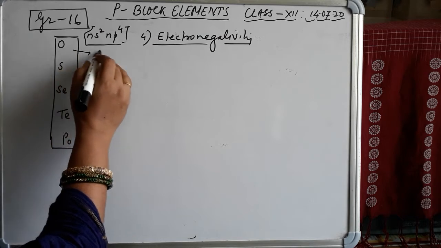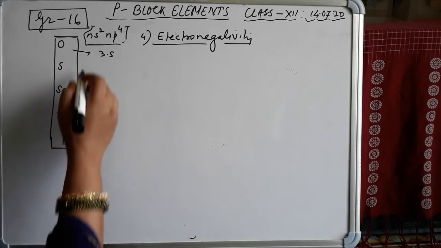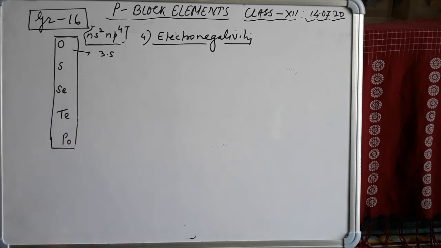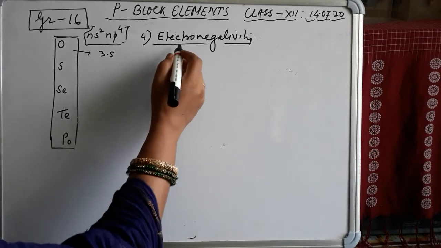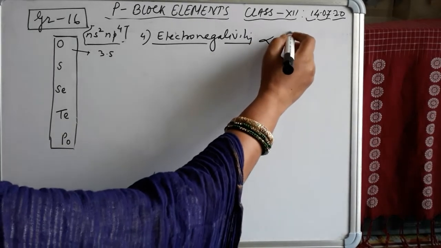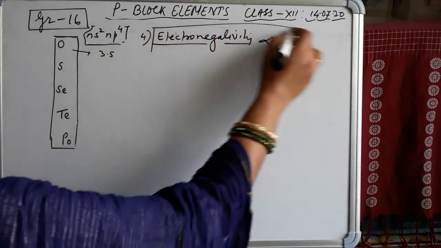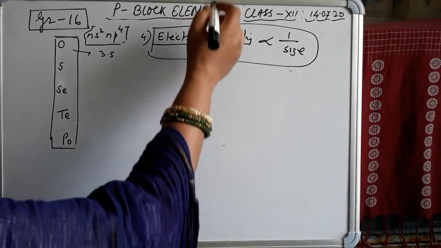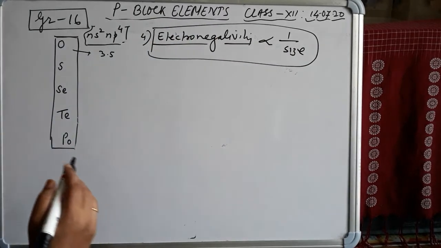Oxygen has an electronegativity value of 3.5 on the Pauling scale, after fluorine, and as we move top to bottom the electronegative character decreases because the size of the atom increases. So electronegativity is inversely proportional to the size of the atom. As the size of the atom increases, electronegativity decreases. As the size of the atom decreases, electronegativity increases.